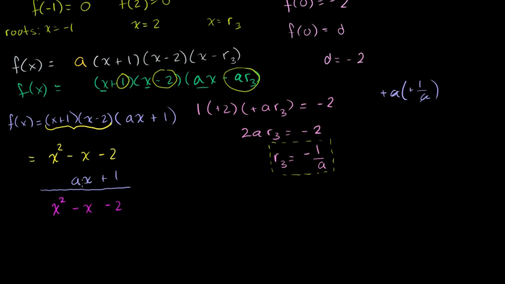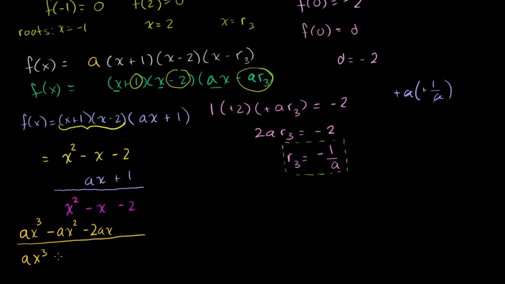Now, ax times -2 is -2ax. ax times -x is -ax squared, right? And then ax times x squared is ax to the third. And then we add everything together, and we get f of x is going to be equal to ax to the third, x squared minus ax squared.